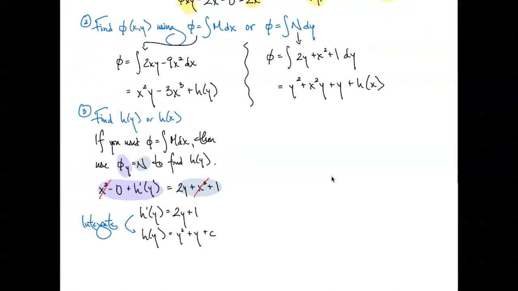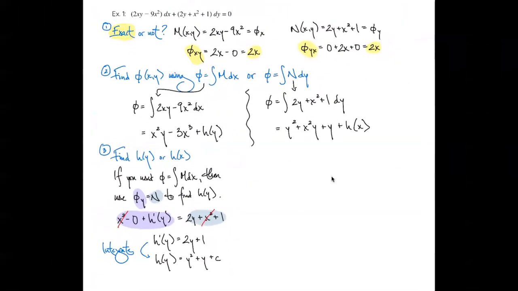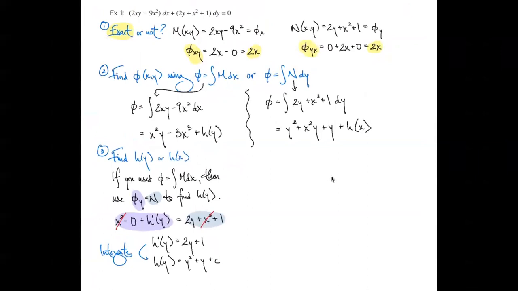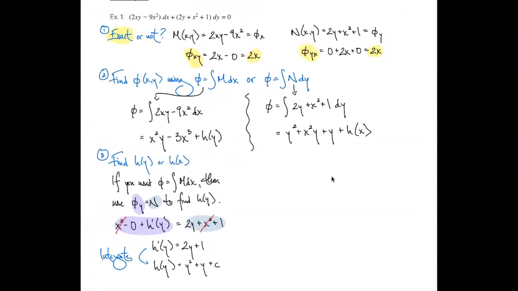So let me zoom out, and let's just make sure we're okay with where we are. So we said, first of all, we should start with, is it exact or not? And we talked about how we could tell. Once we've confirmed that it is exact, we have to choose one of two setups. And for this first example, I'm doing two different setups so we can see that they both work.